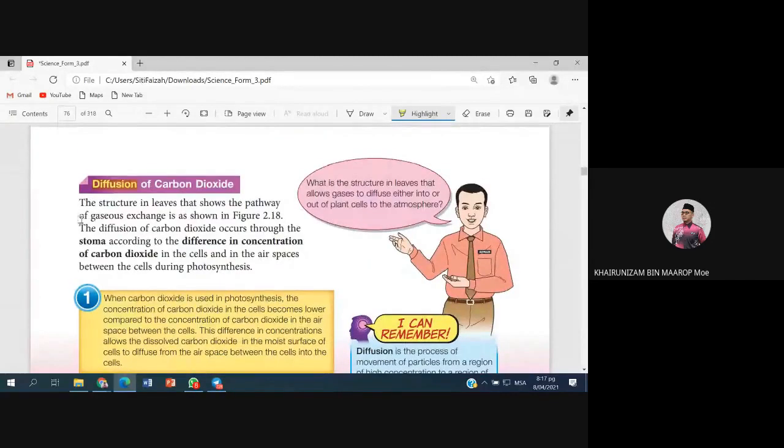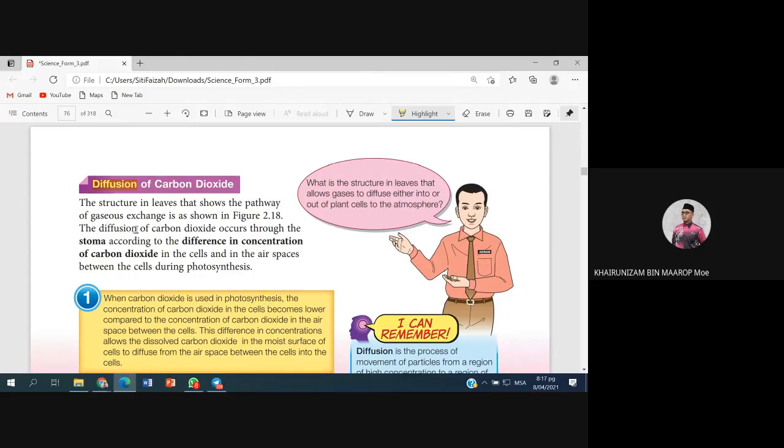Okay, the diffusion of carbon dioxide occurs through the stoma according to the difference in concentration of carbon dioxide. Listen carefully.